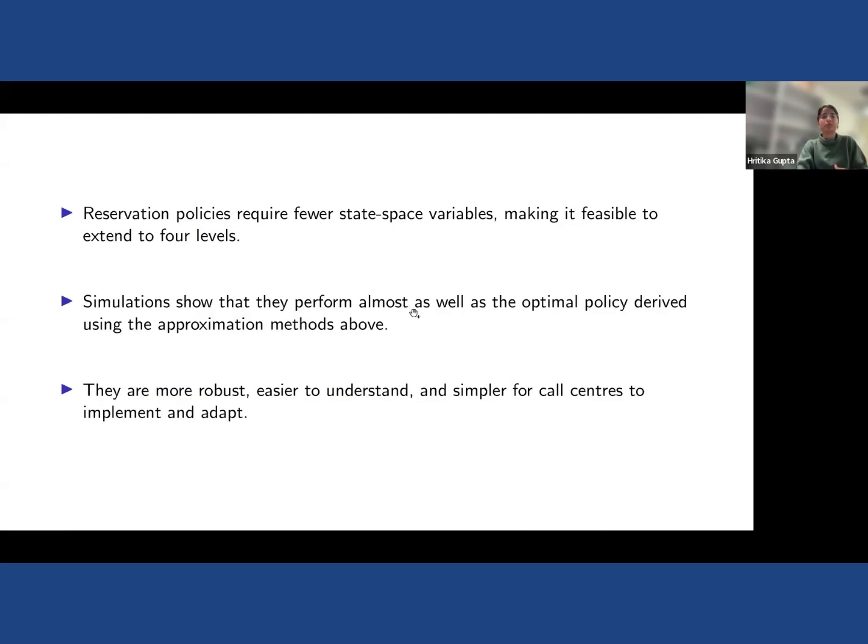So reservation policies perform almost as well as the optimal policies. They're also more robust, easier to understand, and simpler for call centers to implement and adapt. So I'm going to perform analysis on these reservation policies that are single threshold policies, and the goal is to find the optimal threshold and evaluate the policies for that optimal threshold.